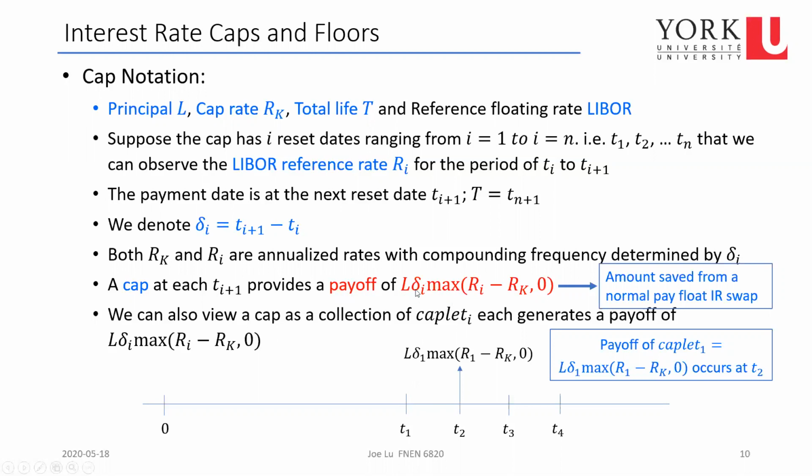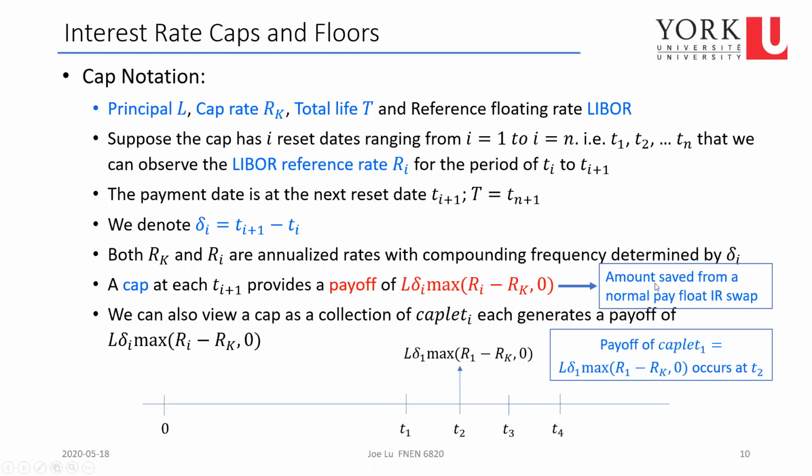If this is quarterly, this will be 0.25. Then this period-normalized rate multiplied by the notional gives us the payoff for a particular period under that cap, or the payment of a caplet.